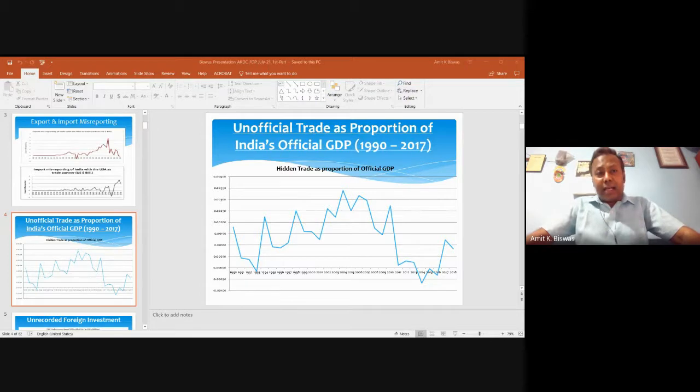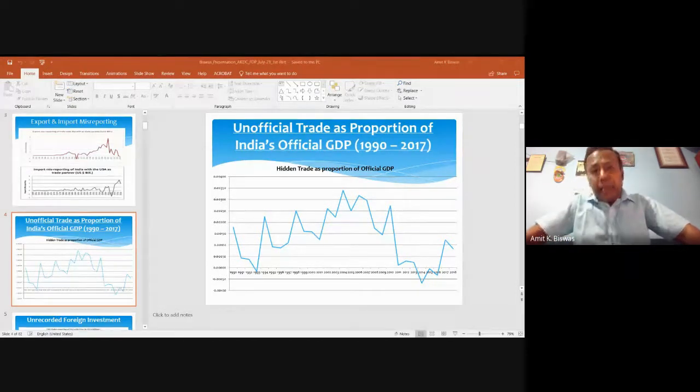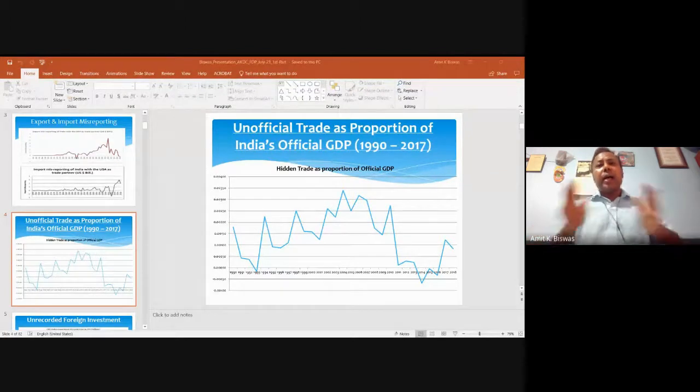We would see how people are rationally thriving by having a hole in the government exchequer, continuously misreporting, and in that way depleting our official resources and thriving on black money or sending capital abroad, this kind of thing.